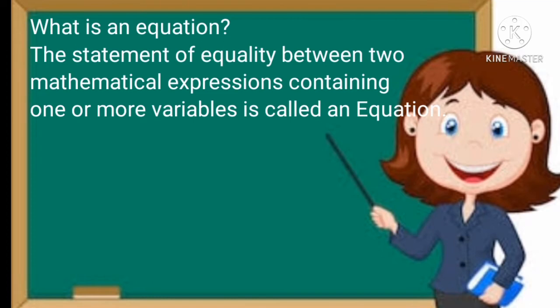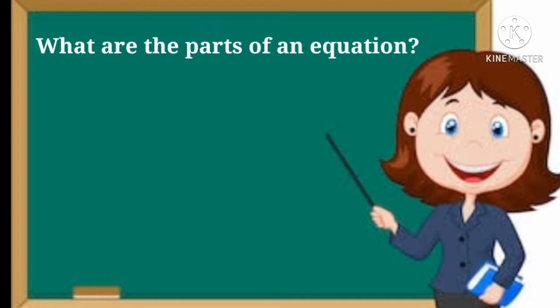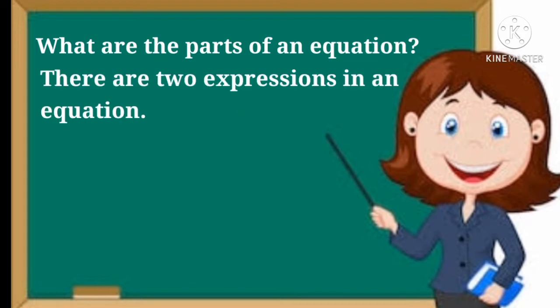What is an equation? The statement of equality between two mathematical expressions containing one or more variables is called an equation. What are the parts of an equation? Take for example, x plus 9 is equal to 14.